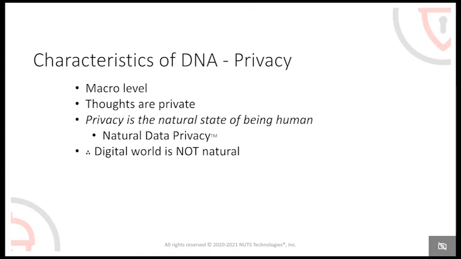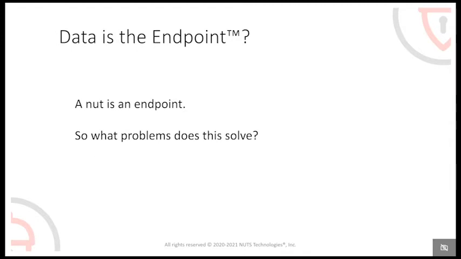And if you take a look at our current digital world, the way it is advertised, it is not natural. Absolutely not. So for my thoughts to be conveyed to you, I have to consciously make a decision to enunciate them or write them down, or mime it out. But otherwise, they stay private.